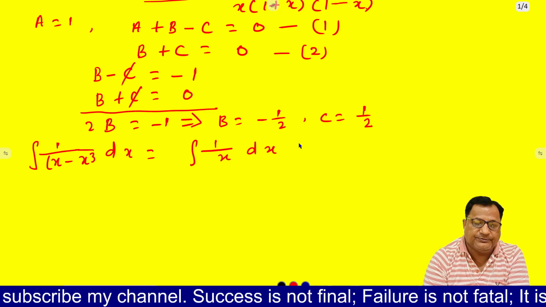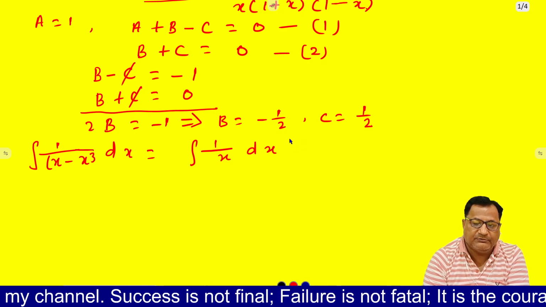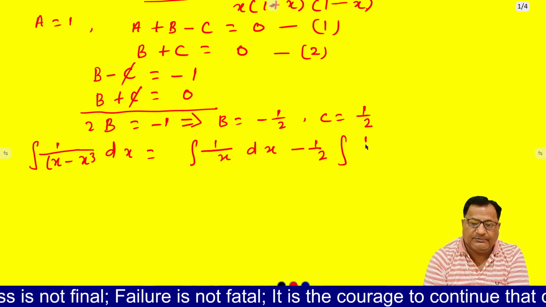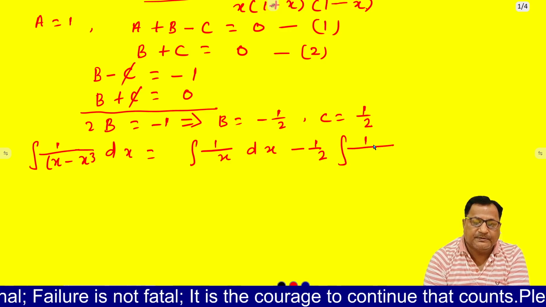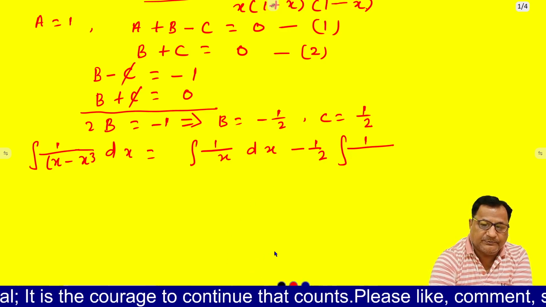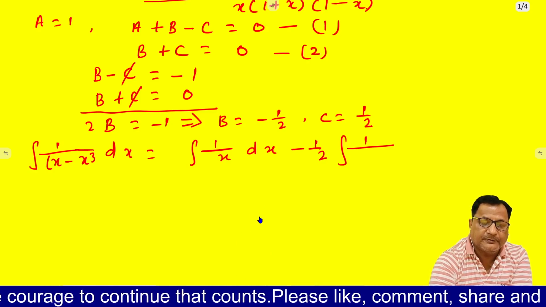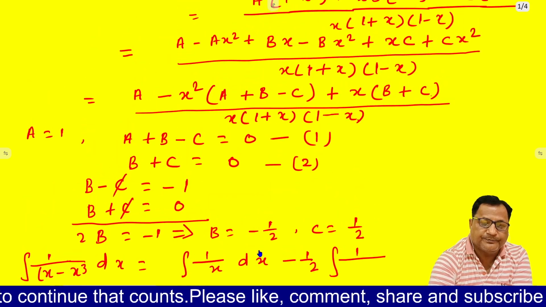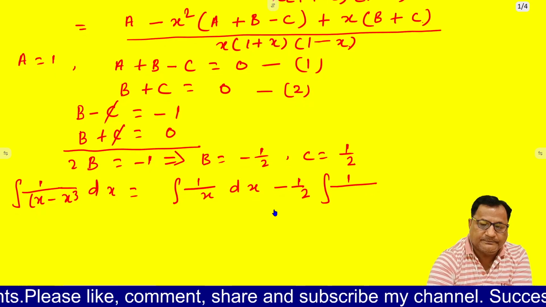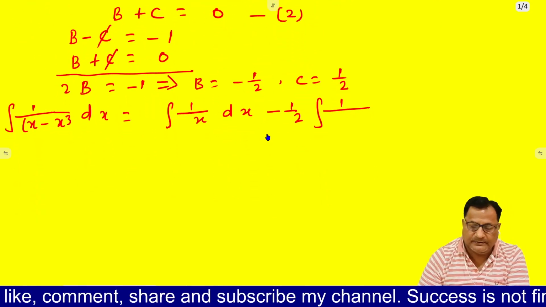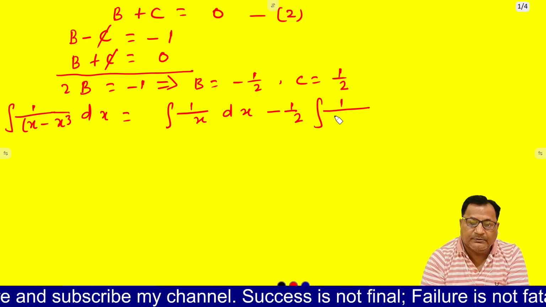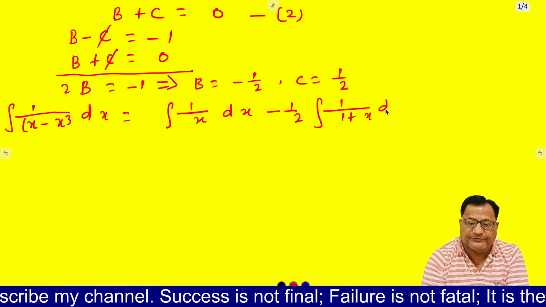Then the b value is minus 1 by 2, so we take minus 1 by 2 out, and it will be 1 by 1 plus x dx.